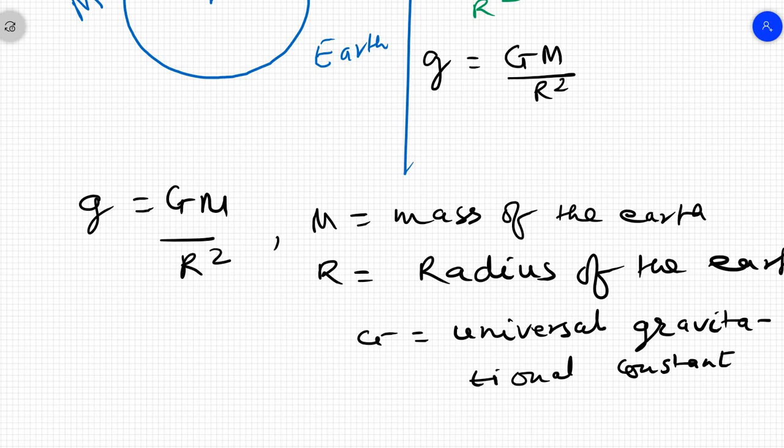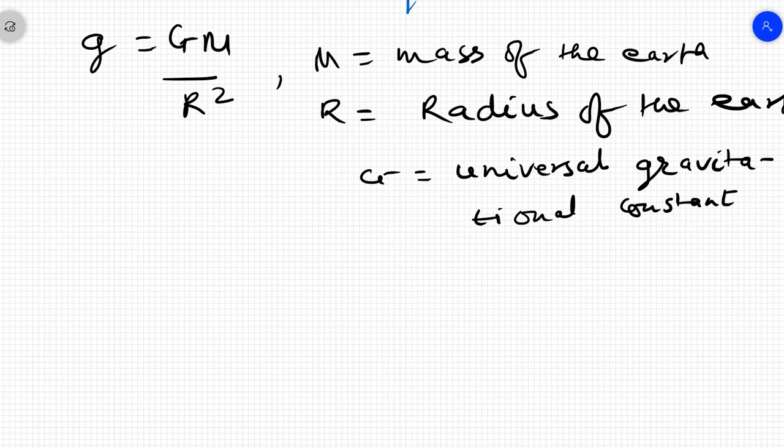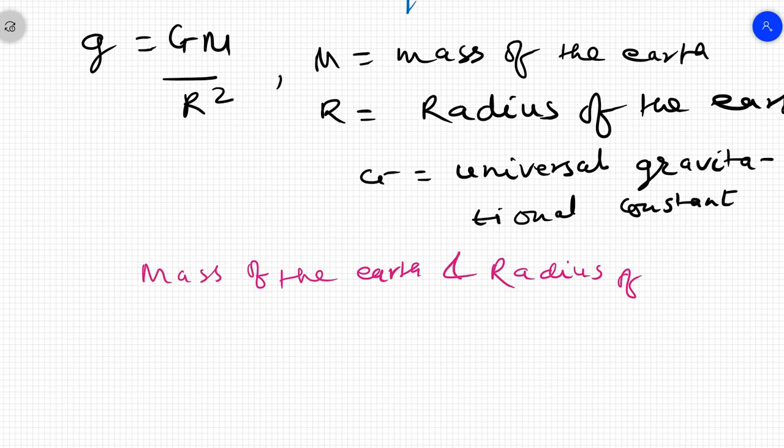So that means the acceleration due to gravity, small g, depends only on two factors: the mass of the earth or heavenly object and the radius of the earth. These are the only two factors that decide acceleration produced in a falling body.